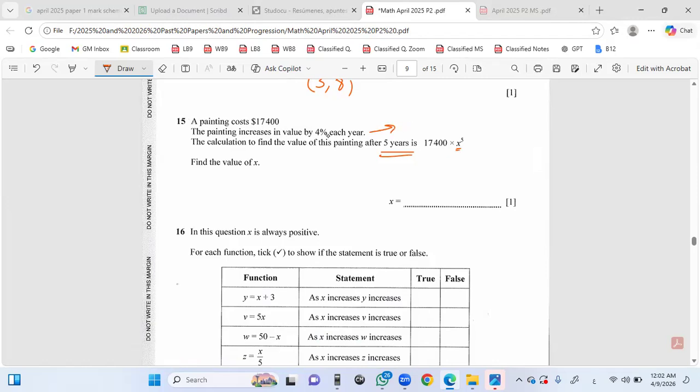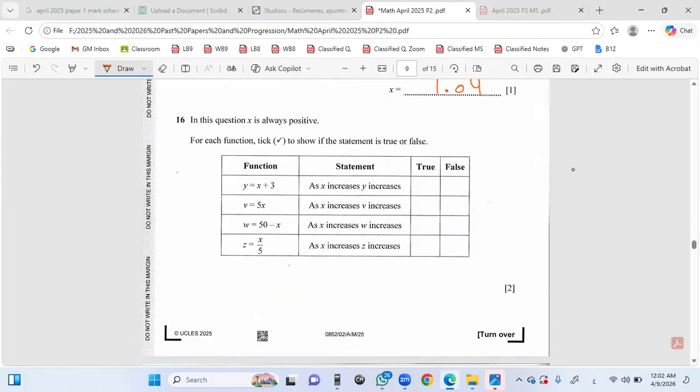The multiplier increases 4%, so it is going to be 104%, which is actually 1.04. So it is 17,400 multiplied by 1.04. That's for only 1 year. But for 5 years, it's to the power of 5. Here, x is the only thing that is missing, so the multiplier is 1.04.